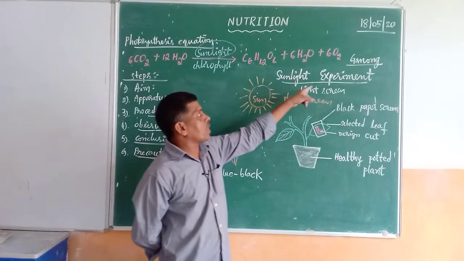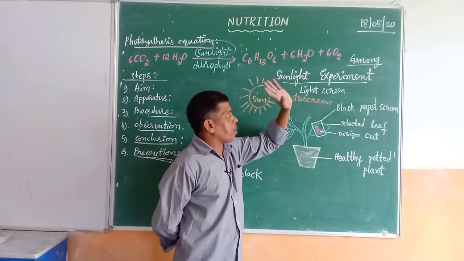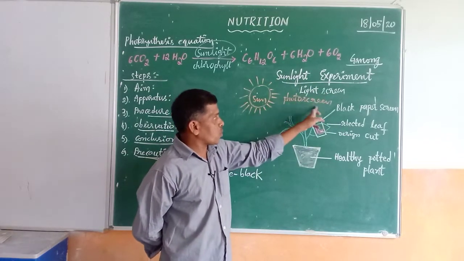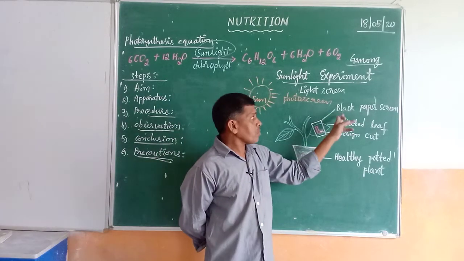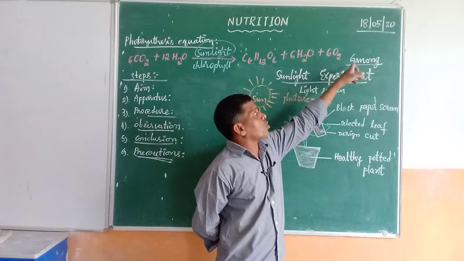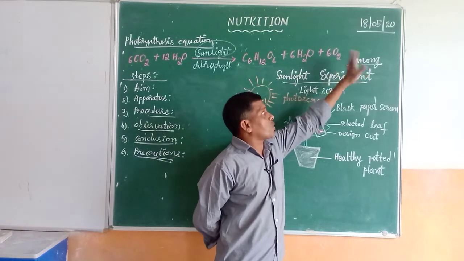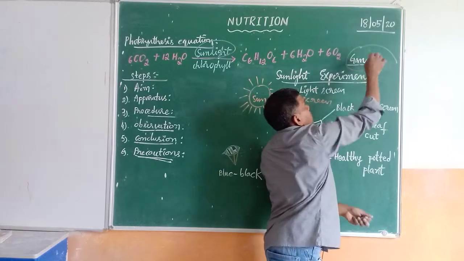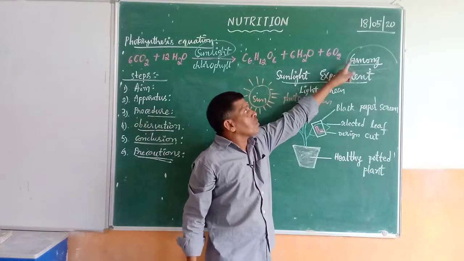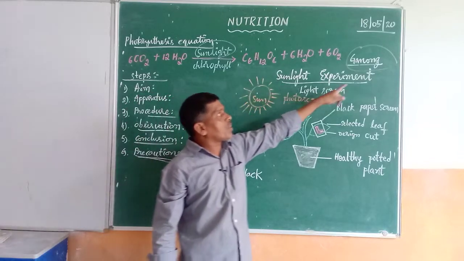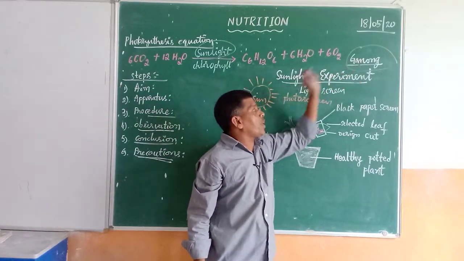Once again, it is called the sunlight experiment, the light screen experiment, the photo screen experiment, the black paper screen experiment, or Denham's photo screen experiment. Denham is the name of the scientist who first did this experiment and proved that photosynthesis can be carried out only in the presence of sunlight. That is why it is called Denham's photo screen experiment.